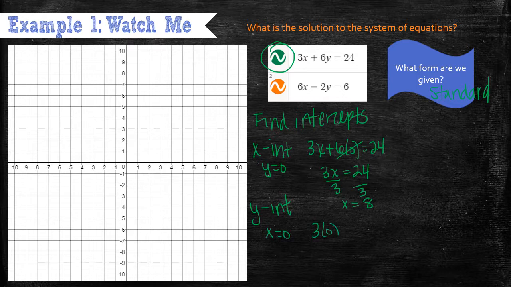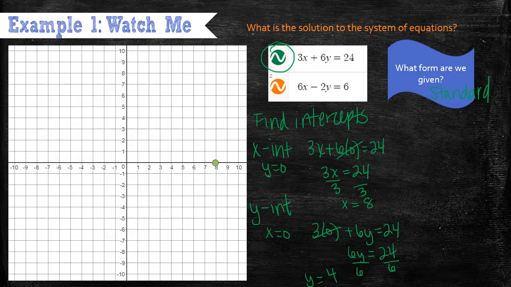So same equation, I go back to that same equation they gave me. I plug in 0 for x. Now that term cancels, and I'm left with 6y equals 24. We divide both sides by, not by 6y, just by 6, and my answer for my y-intercept is going to be 4.